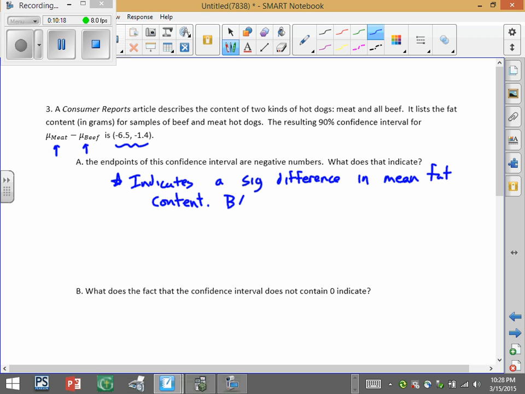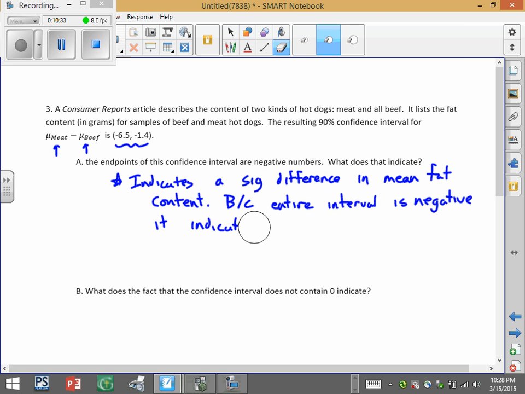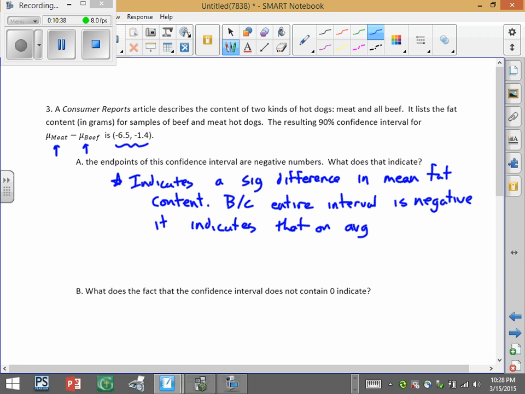So because the entire interval is negative, it indicates, excuse me, that on average, beef hot dogs have significantly more calories than a delicious meat hot dog.